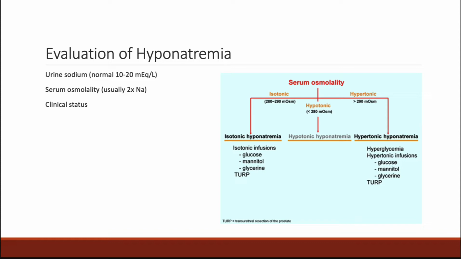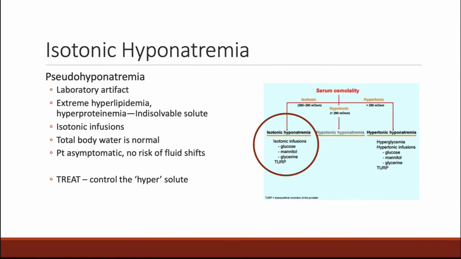And of course, we want to evaluate the patient, right? That's important. So we start with an assessment of the serum osmolality, and we determine first whether it's an isotonic, a hypotonic, or hypertonic situation.